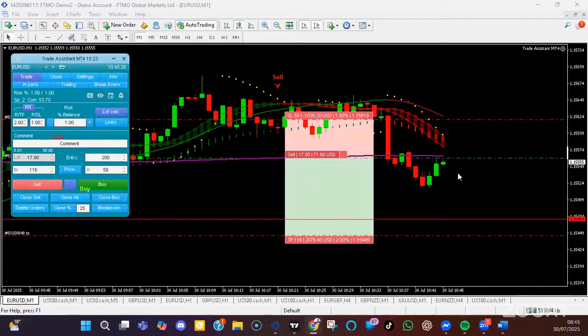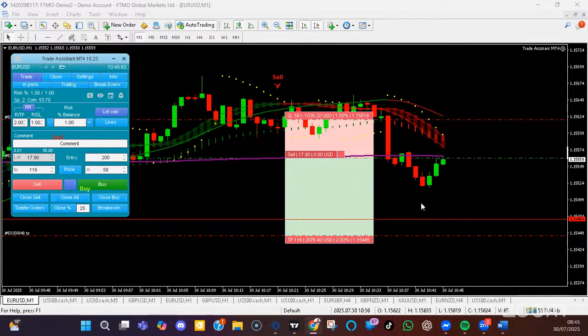But right now, as you can see, price is respecting this purple line again, and I'm hoping that's going to act as some sort of barrier to carry on down. We have imbalance on this candle here, and if it's the longer term view that they are going to sell off the euro, I certainly hope so, which means we will get our 2%.